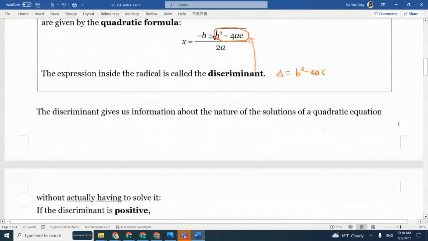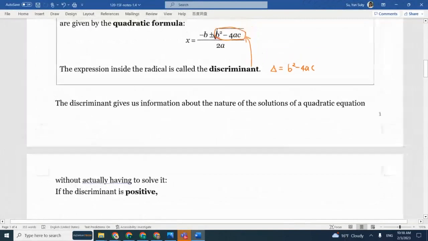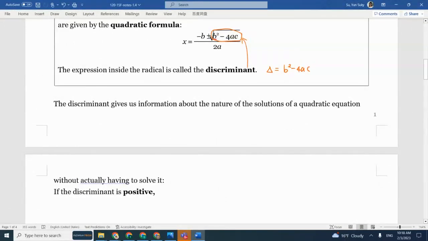Okay. So here, if the discriminant is positive, if the thing inside the square root is positive, well then the square root of a positive number is an irrational number, but it's still a real number, right, everybody? So, like our previous problem, you have one root with the plus and one root with the minus.